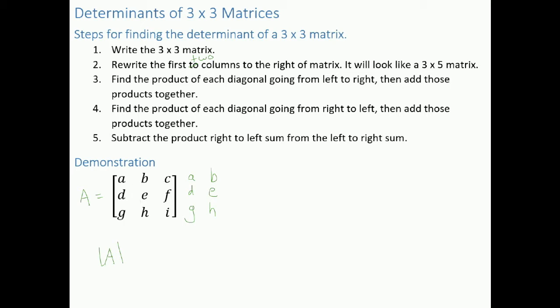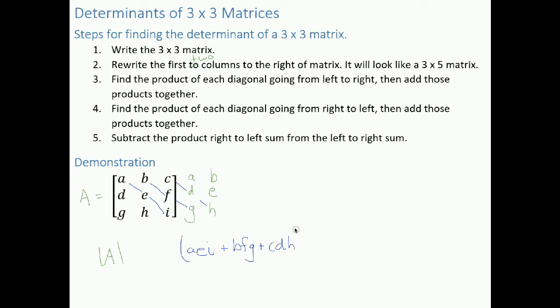So we are going to find this product, and so we would have A, E, I, and then we're going to find the product of this diagonal, so B times F times G, and then we find the product of this diagonal and add that, so we have C, D, H.